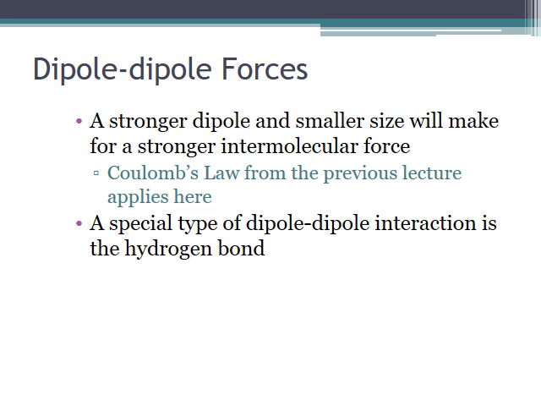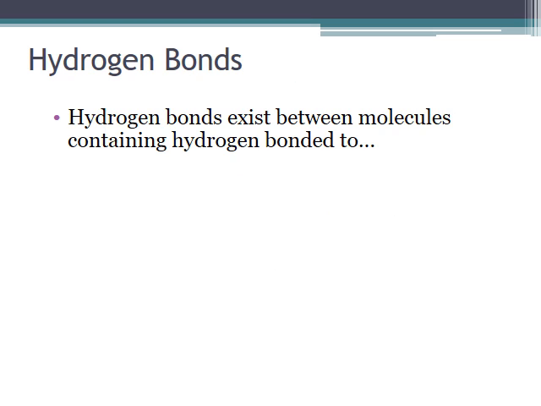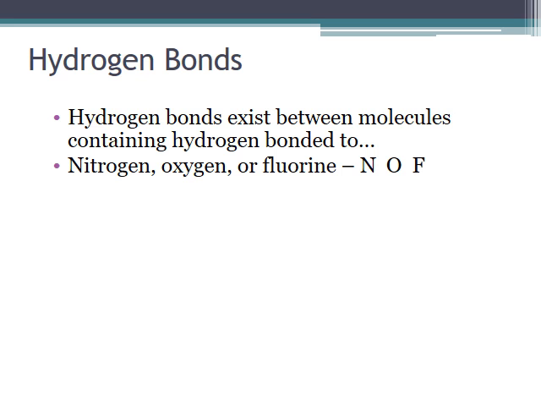So a special type of dipole interaction is called the hydrogen bond. A hydrogen bond exists between molecules that contain hydrogen, hence the name, but bonded to nitrogen, oxygen, or fluorine.